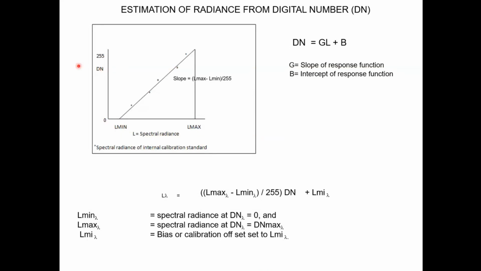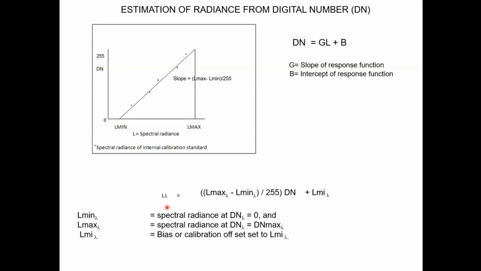So if you have a digital number of 250, you create a slope, and this slope is used to convert the digital number into radiance. G is the slope, the response function, and B is the intercept of the response function. B should be at 0, but instead you have some value added into it. L minimum is a spectral radiance.